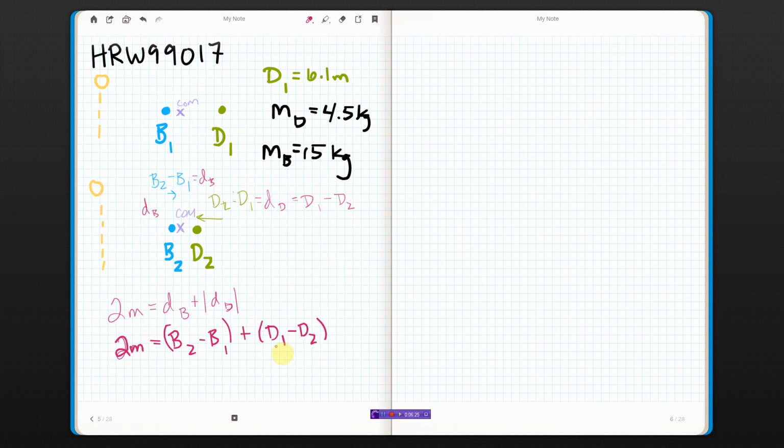So I'm just going to leave this here for a second, and let's go look at this center of mass thing. We're going to set this up so we have the equation for center of mass for both of them, and then I know they're equal because the center of mass is in the same place.